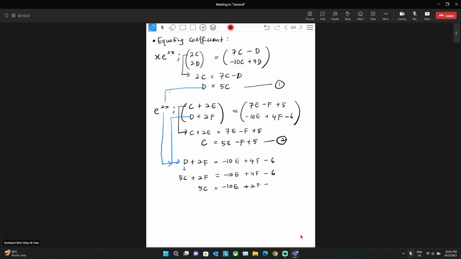Did I make any mistake here? Okay. C equal to minus 2E plus 2 over 5F minus 6 over 5.